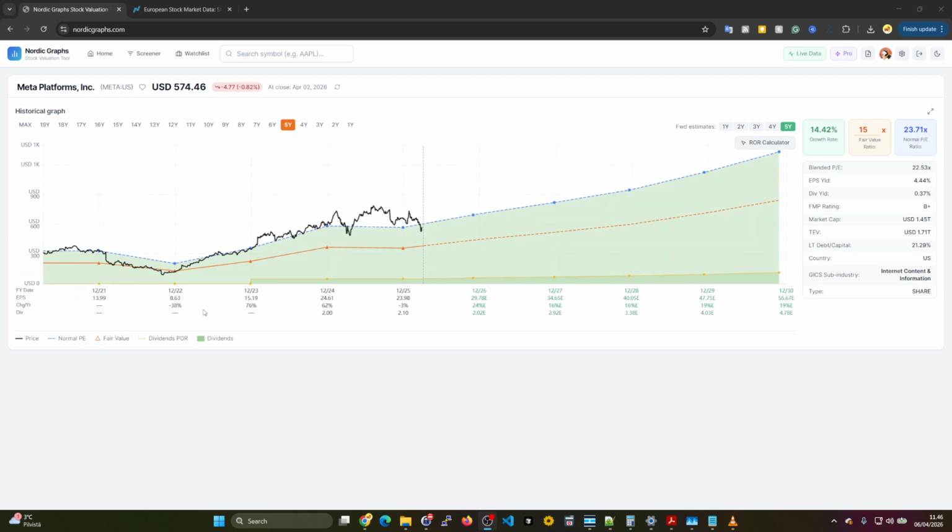When earnings started to grow, the stock price also started going up, and we went even over the normal PE line, and started moving kind of back and forth around that normal PE line.